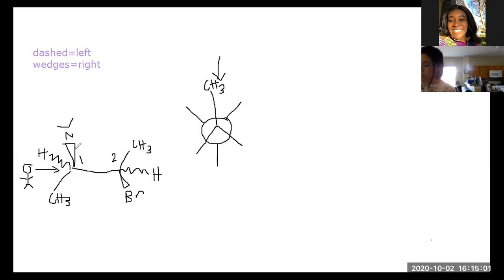Since we have this H that's dashed, it'll be going to the left. And then we have the nitrogen with 2 methyl groups on a wedge, so it'll go to the right.